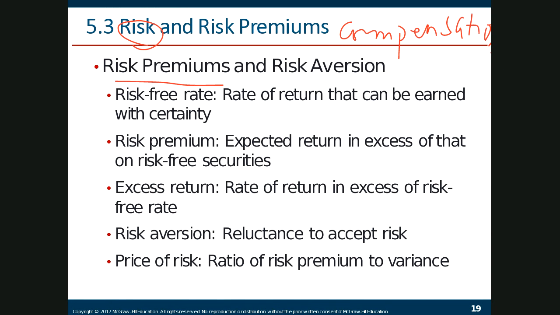So if you're not going to give them any reward, then nobody wants to take on any risk, because people are all risk averse. If people are not risk averse, say you're talking about casinos, then there will be no risk premium. The risk premium is from the risk aversion.